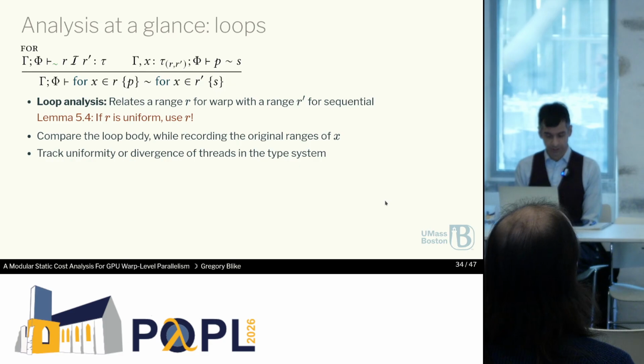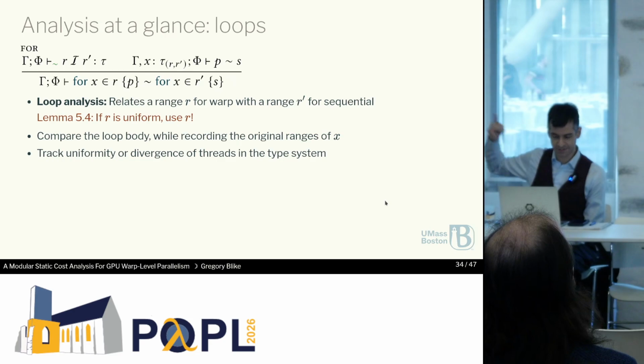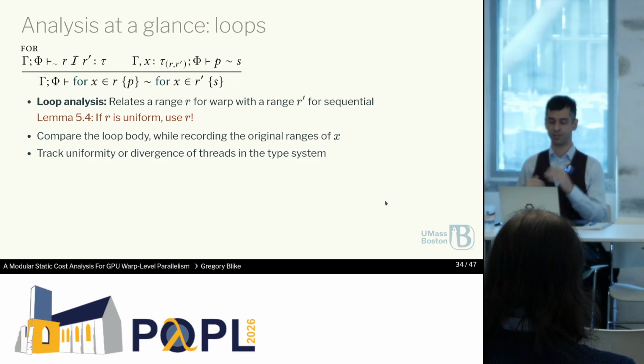More generally, the capital I is the loop analysis to do that relationship for the two ranges, so that if they are the exact same ranges, we can use the same, or if they are bounded above or below, we can use those instead.